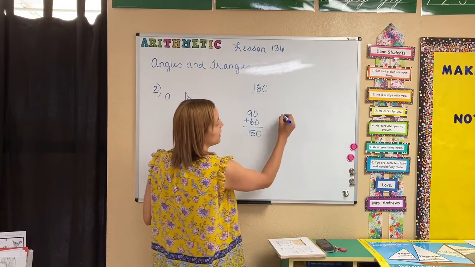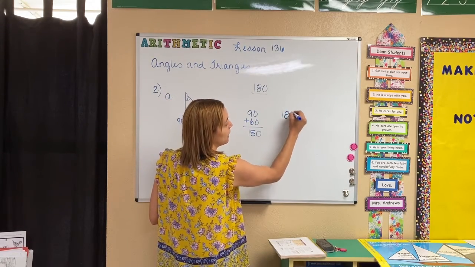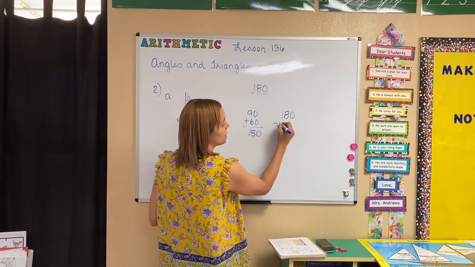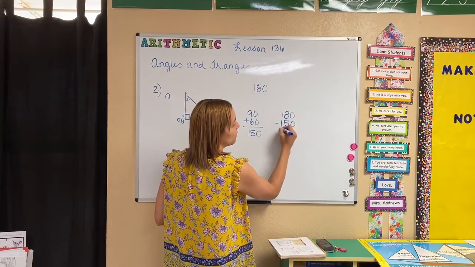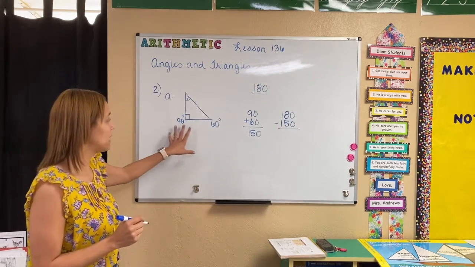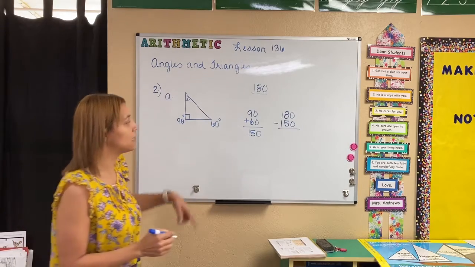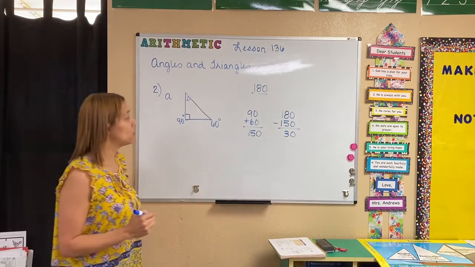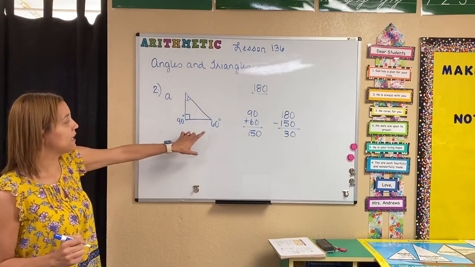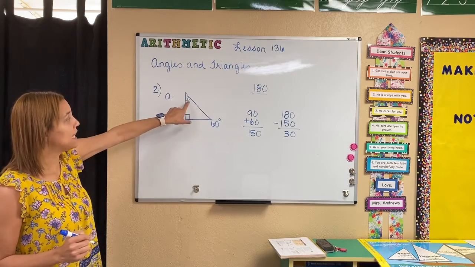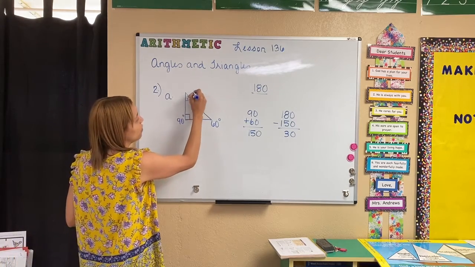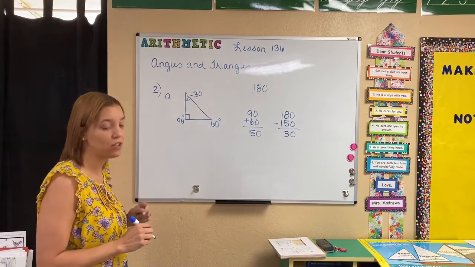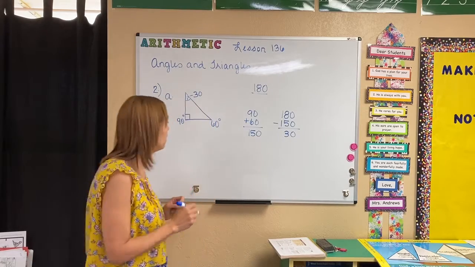So I take the 180 that the three angles should add up to and subtract 150, because that's the amount I already have between the 90 and the 60. When I subtract, this gives me 30. So if I have 90 and 60 and I add 30 more, that gives me 180. So this angle here should be 30. That would be the answer for letter A.